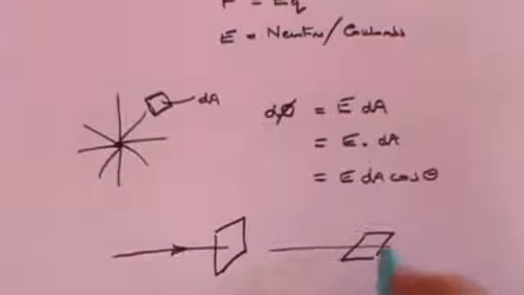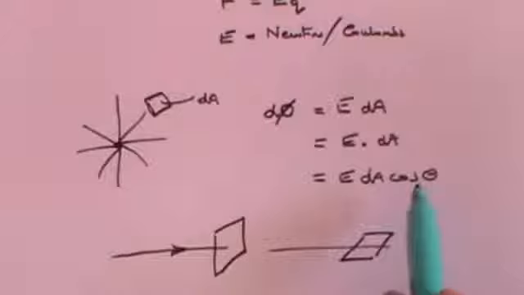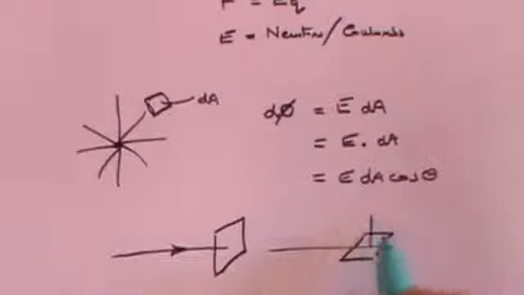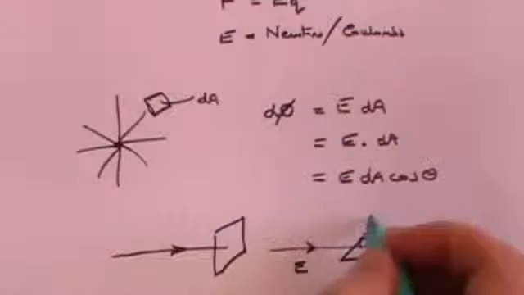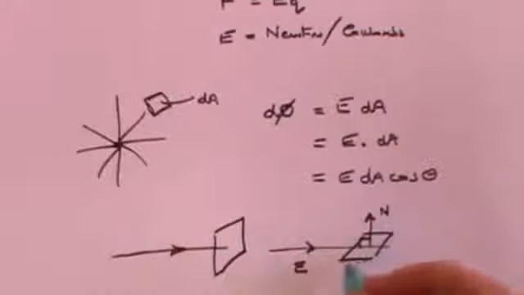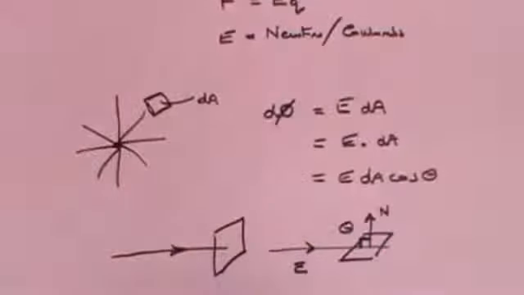So the critical thing is, what angle is the window to the E field? And that's where this cos theta term comes in. And what theta is, is the angle between the normal to the window and the E field. So this is the E field. This is the normal to the window, in other words 90 degrees to the plane of the window. And theta is the angle between the two.